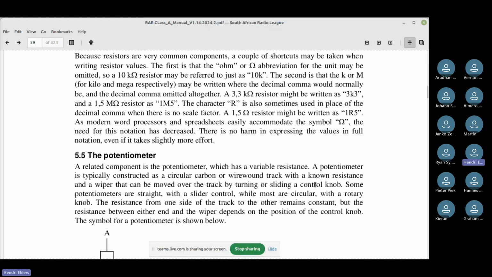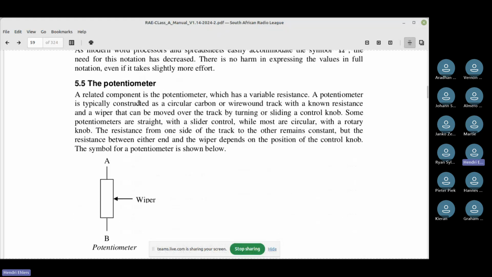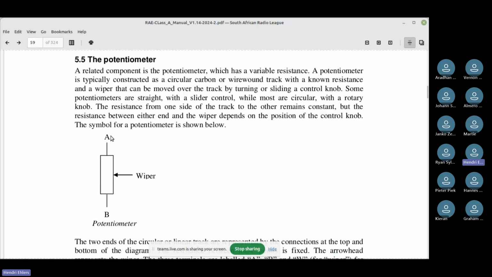Then we get to the potentiometer. Some people pronounce it the other way around. Doesn't matter, as long as you know that it's a 3-point component with a wiper in the middle. What basically happens is you get, for argument's sake, a 10K potentiometer. Consider that B is 0 and A is 10K. Then it's got a wiper and a carbon slider that slides between these 2 points.